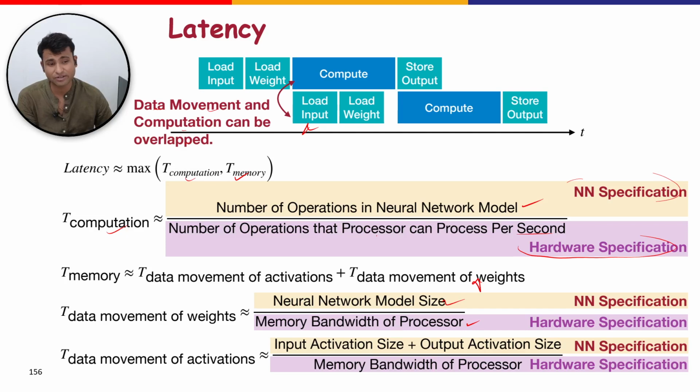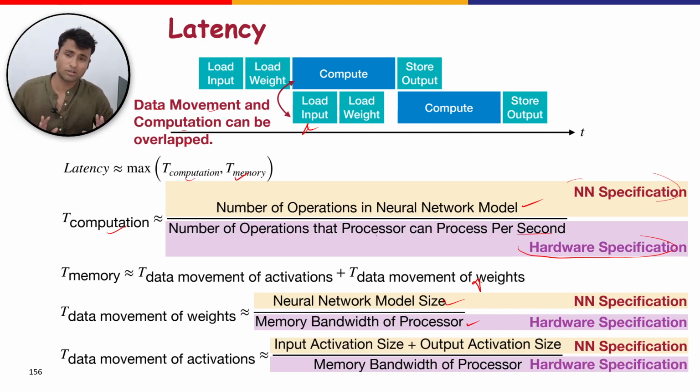It's entirely dependent on the hardware specification how much bandwidth your memory can support. It also depends on the clock speed; higher clock speeds usually contribute to increased memory bandwidth. So theoretically you can calculate the memory bandwidth of a processor.